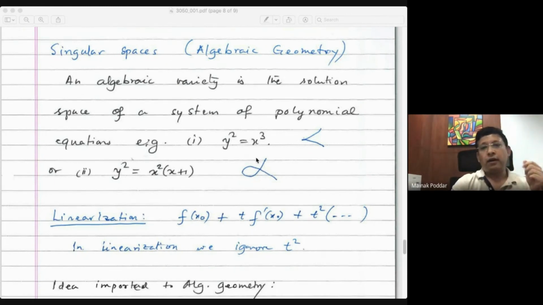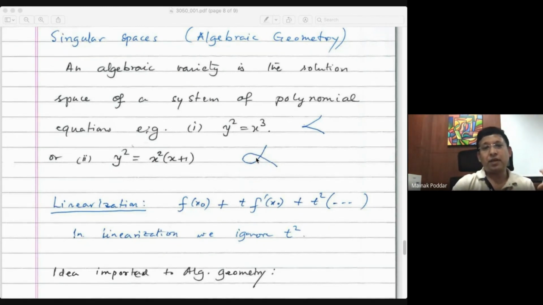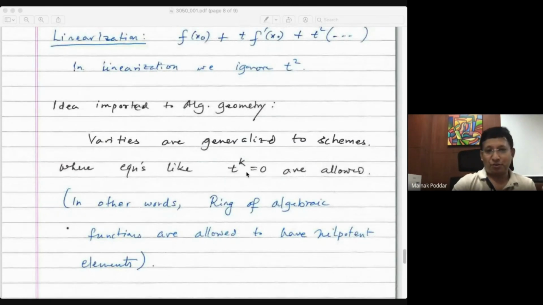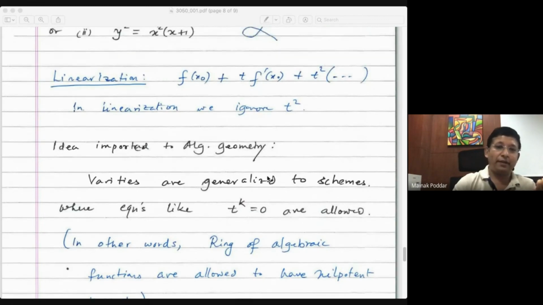And now earlier you would only consider prime ideals, at the beginning. Why would one consider some function whose power is 0 but the function is not 0? Okay, nilpotent is a simple thing, a non-zero function whose power is 0.